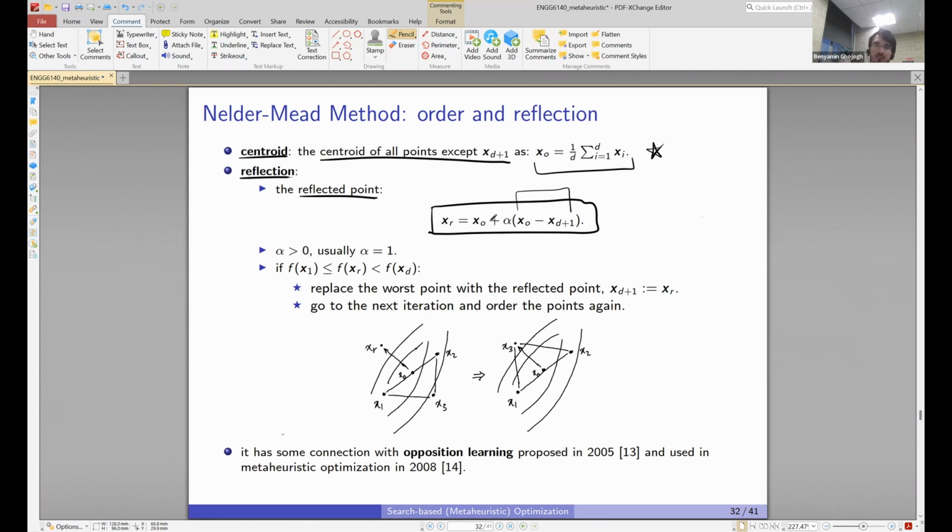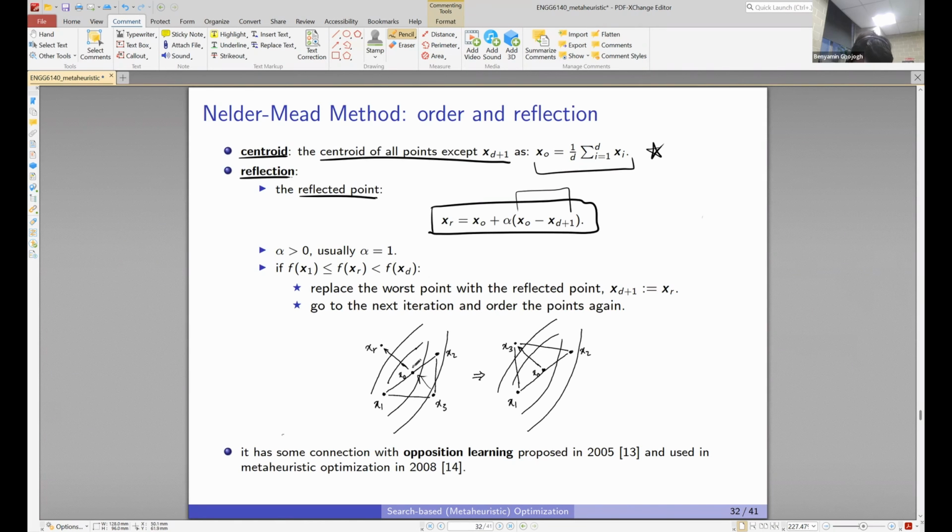Alpha is a multiplication factor of this direction. So from x_{d+1}, from x3 toward x_o, which is in this direction. This is the length, but times alpha, starting from x_o.